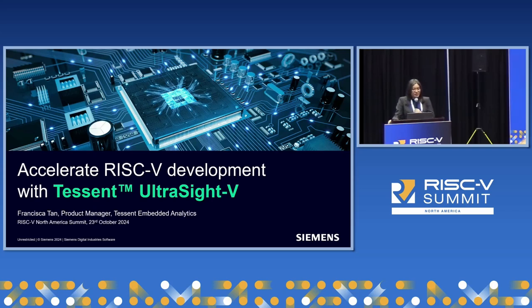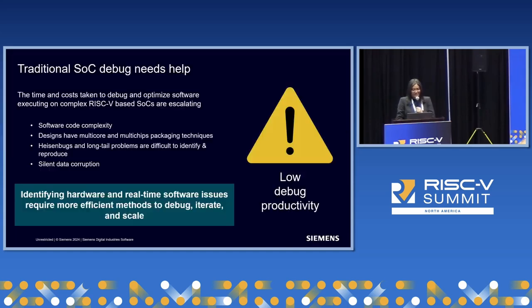And today I'm going to talk about how you can accelerate your RISC-V development with Tessent UltraSight-V. So we know that SoCs today are getting more and more complex, and the time and cost taken to debug and optimize software executing on such complex SoCs are also escalating. With more advanced software applications, you get increased software code complexity.